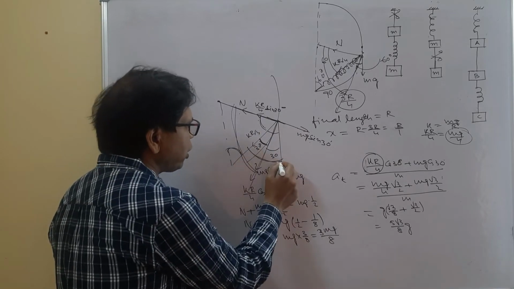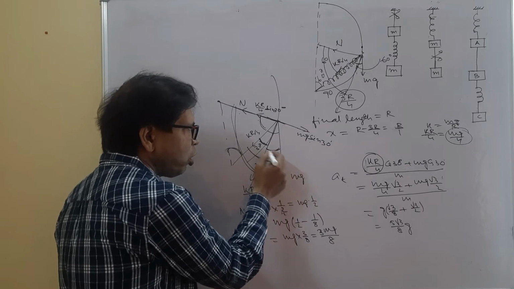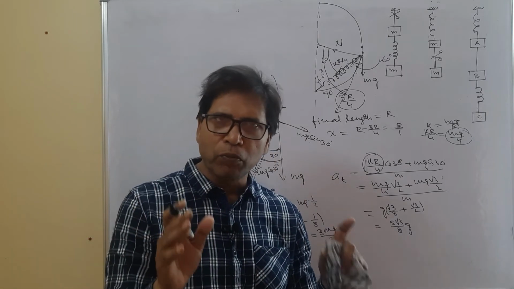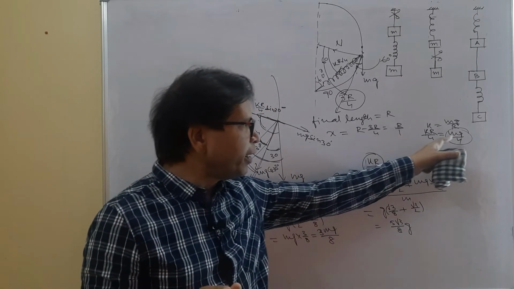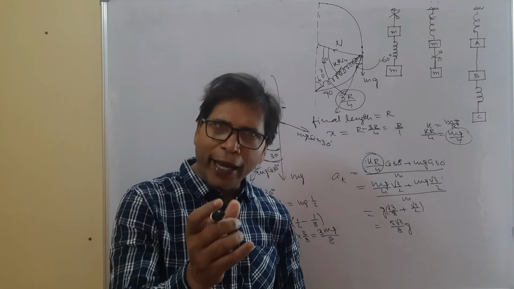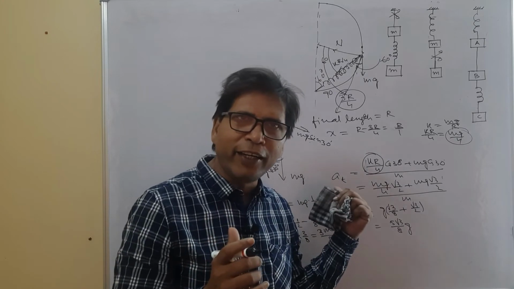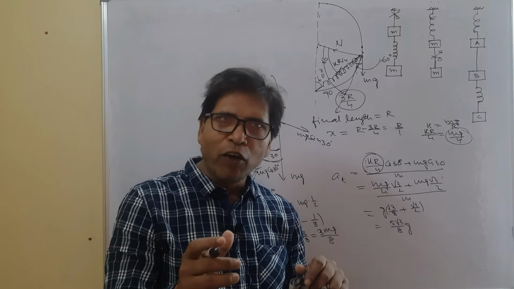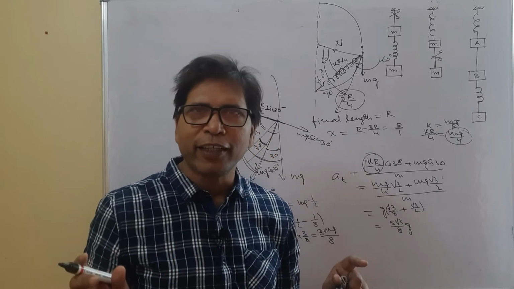Now total angle 60, this is 30, so this is also 30. Now you just have to resolve the spring force kr by 4, that is mg by 4, along the tangent and towards the center, and also resolve mg along the tangent and away from the center.